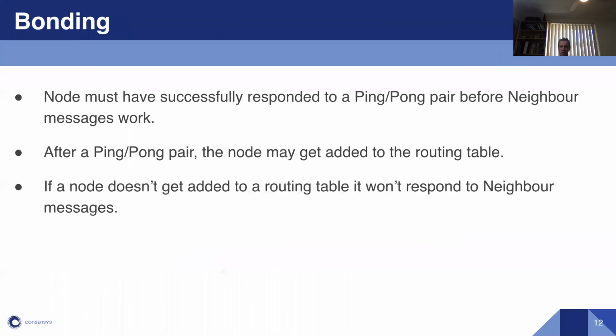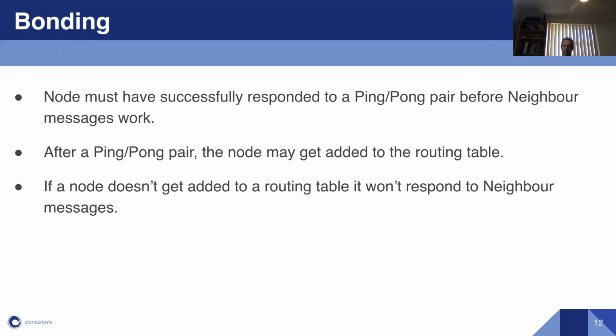because there's this concept of bonding which is implemented. Before responding to any of those find neighbors calls, you need to have bonded with a node. That was implemented in response to a distributed denial of service attack that was made against the Ethereum network.